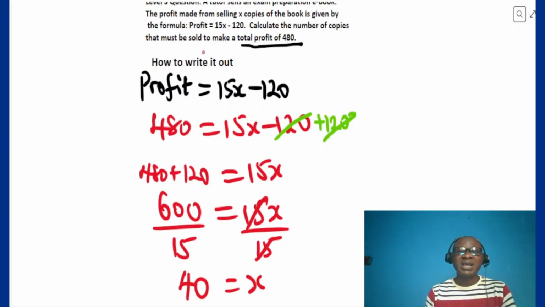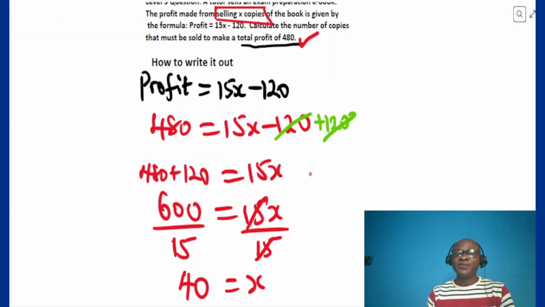Look at it here. He said the profit made from selling x copies. Look at the place, x copies of the book. So the number of copies that will be sold to make a profit of 480 is 40 copies.